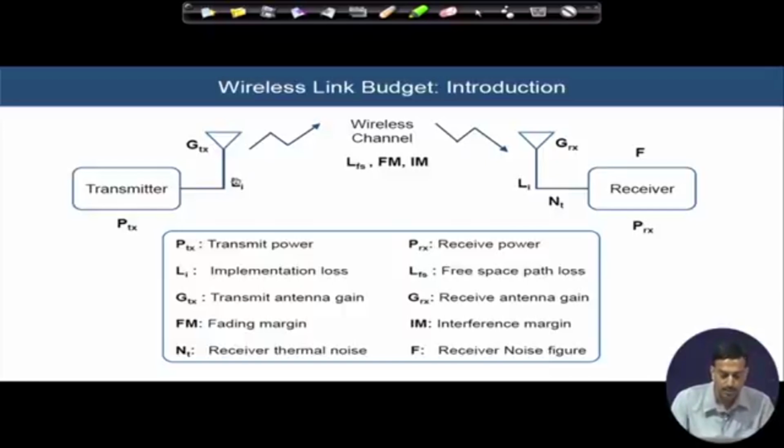Implementation losses, which include, let's say, cable losses or feeder losses, etc., are consolidated and denoted by the term L subscript I. We have a wireless channel which has certain characteristics, and to begin with, we have the term LFS, which is nothing but the free space path loss, which can be calculated based on an expression that we shall shortly see.